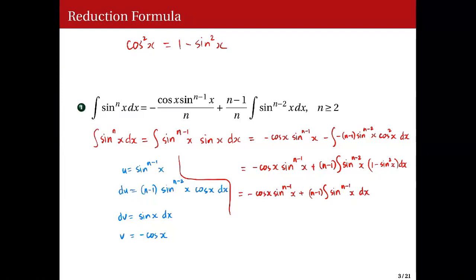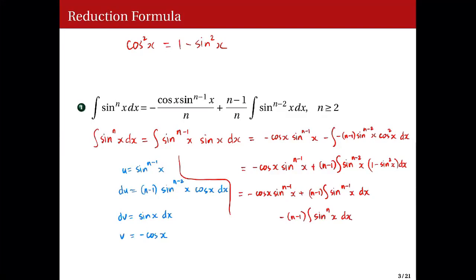And then there's a minus in here; if you distribute it to the other side, you'll get minus n minus 1 times the integral of sine to the n x dx. Again, that n minus 1 was distributed, that's why you have this and this. You have a minus here, and sine raised to n minus 2 times sine squared is your sine to the n.